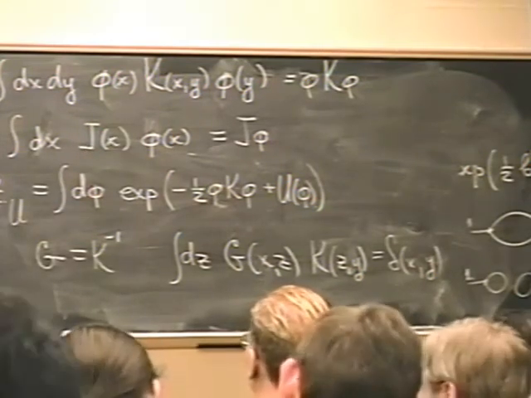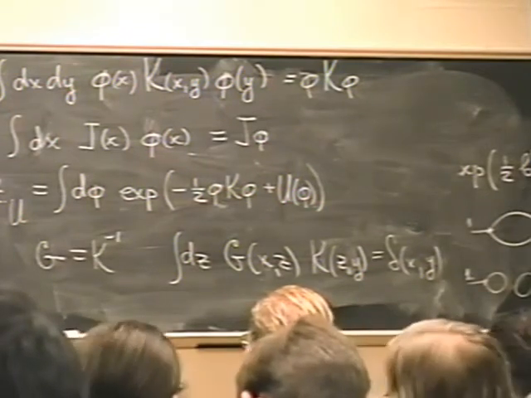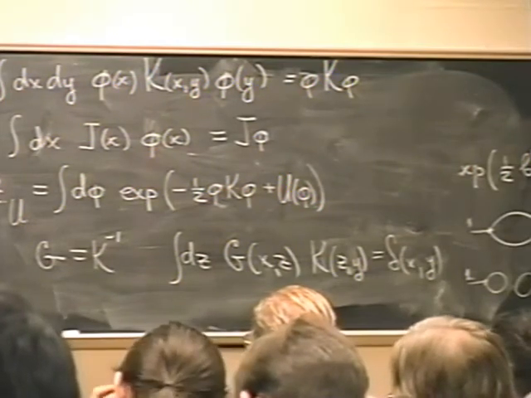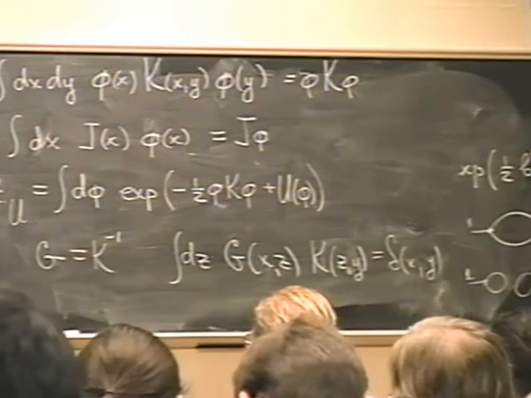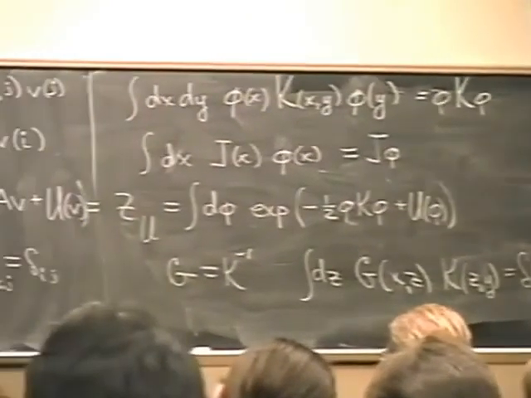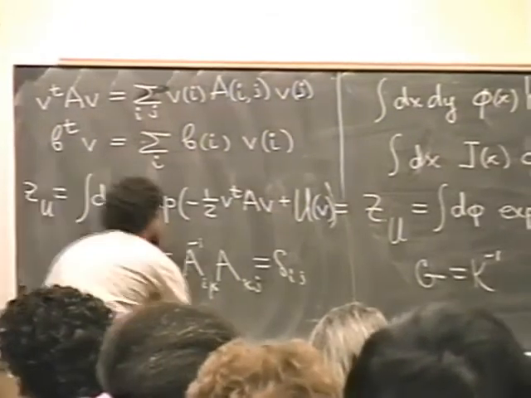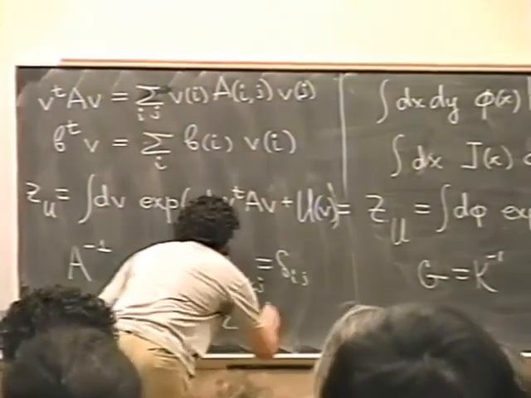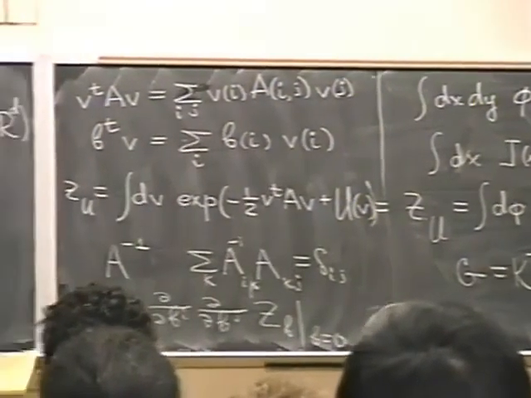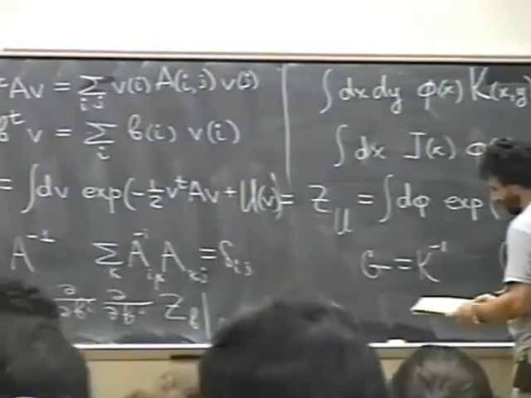Another thing which maybe I would like to mention is that before, this A inverse I could compute very easily like that. I could take A inverse ij and say that it was the second derivative d/db_i d/db_j of Z_B at b equal to 0. So here I will have the same.